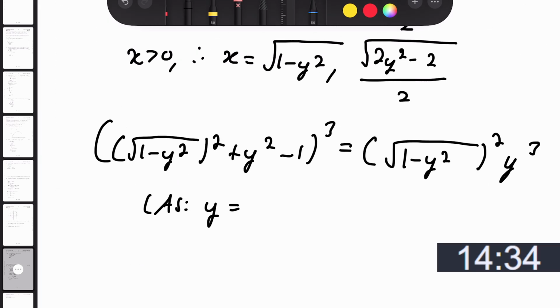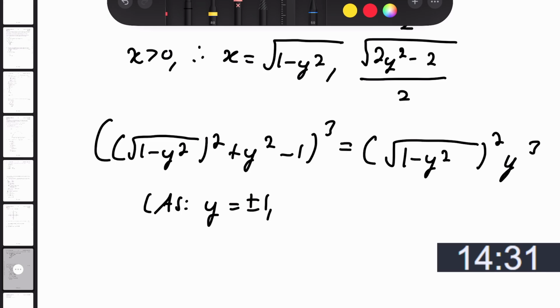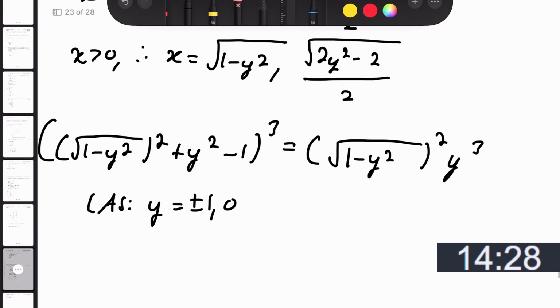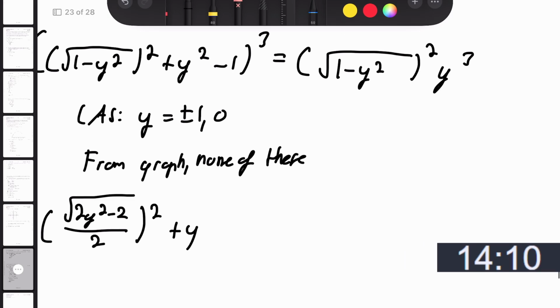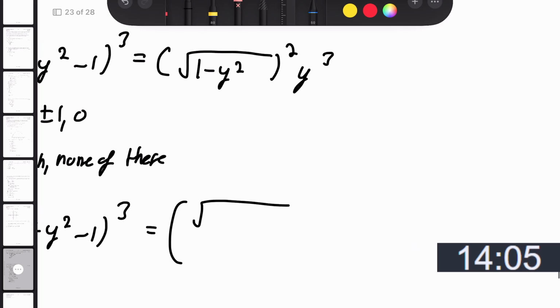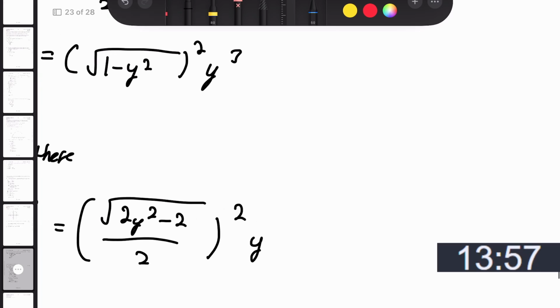So y is equal to, from graph, none of these. So then we'll try, right here, that I write (2y squared minus 2) on 2, squared, plus y squared minus 1 to the power 3 is going to equal square root of (2y squared minus 2) on 2, squared, y3.